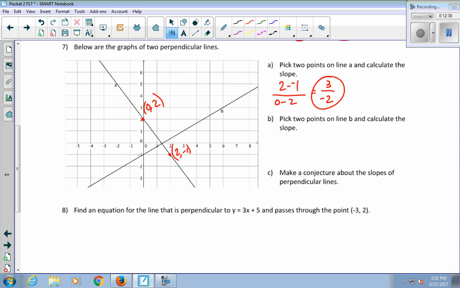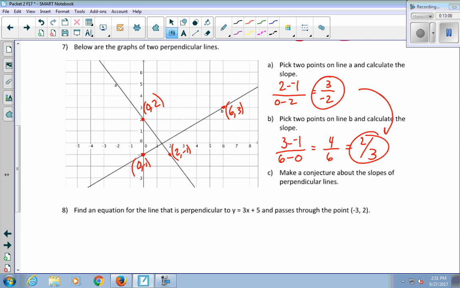And then for line B, here's a nice point, 6, 3. Another nice point, here's 0, -1. So I have 3 minus -1 over 6 minus 0. That's 4 over 6, or 2/3.